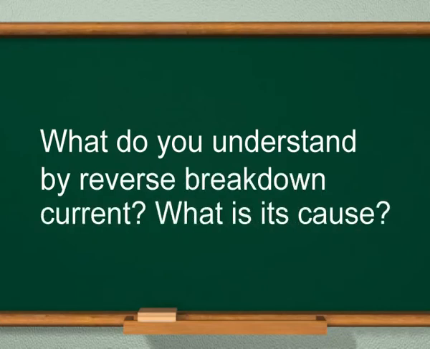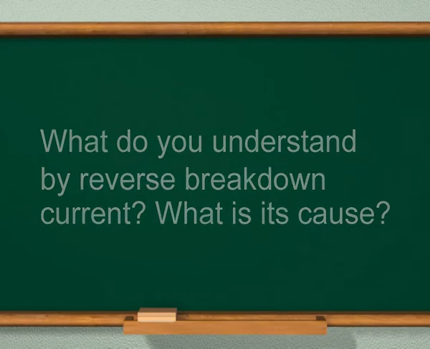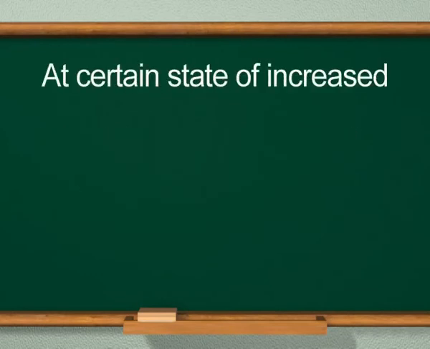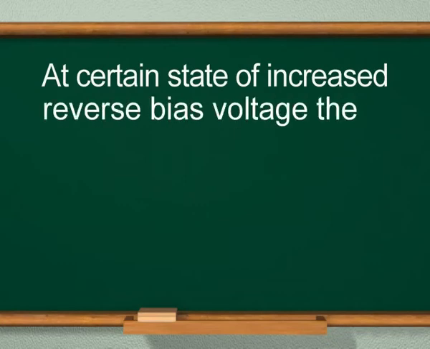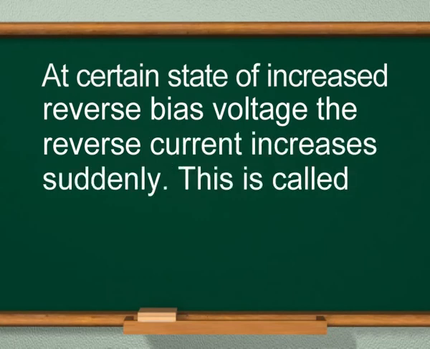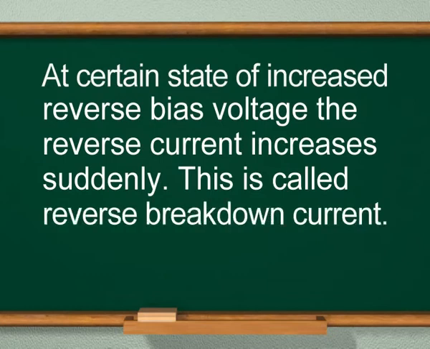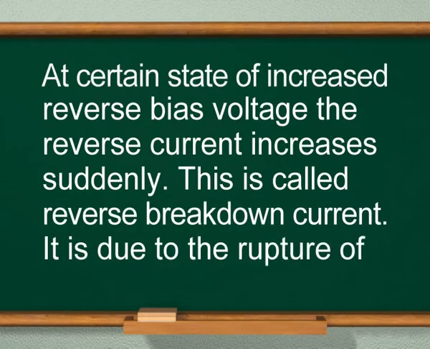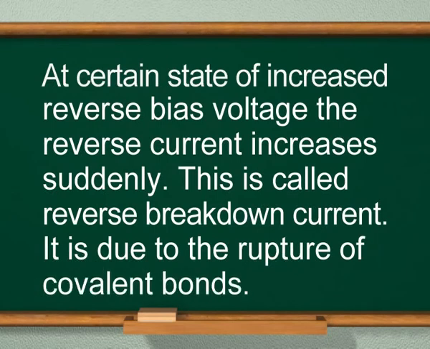What is its cause? The answer says, at a certain state of increased reverse bias voltage, the reverse current increases suddenly. This is called reverse breakdown current. It is due to the rupture of covalent bonds.